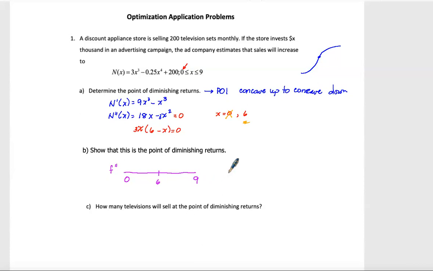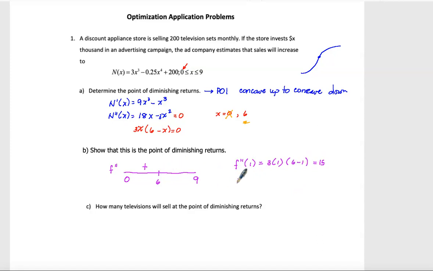Okay. So what we want to do is test a point that's between 0 and 6. Let's say we get f double prime of 1. Let's just say 1. So we get 3 times 1, we'll plug it in here, multiplied by 6 minus 1, which is equal to positive 15. So here you have a positive value for the second derivative.